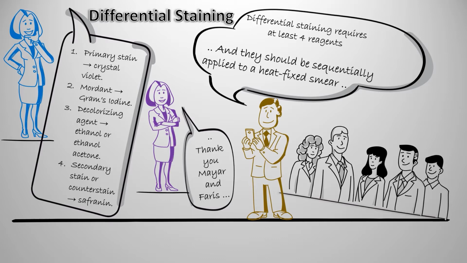The third one is a decolorizing agent, and this decolorizing agent is either ethyl alcohol with a concentration of 95% or might be an ethanol acetone. Both of them have a dual function, as they serve as a protein dehydrating agent and at the same time as a lipid solvent.